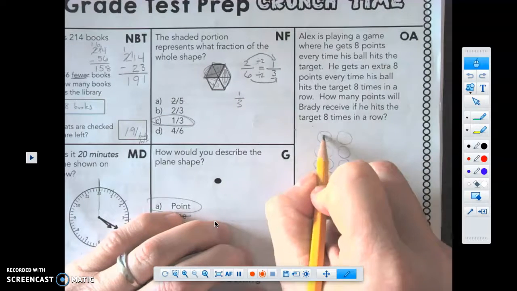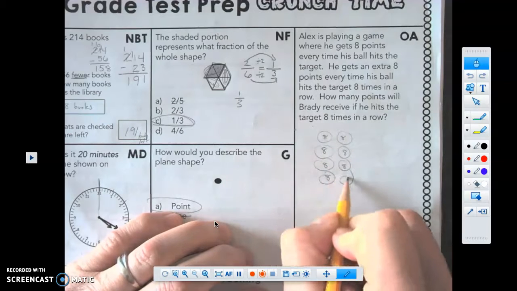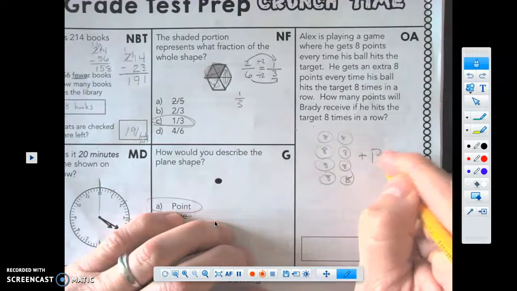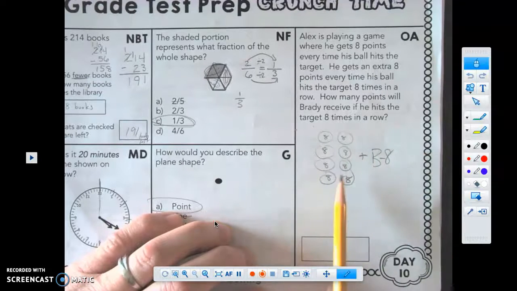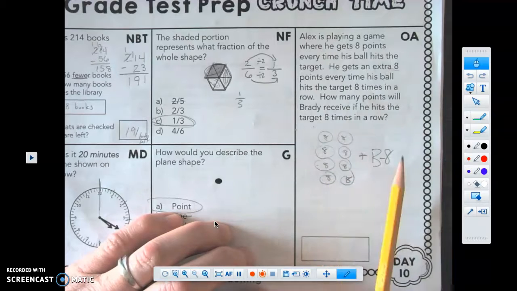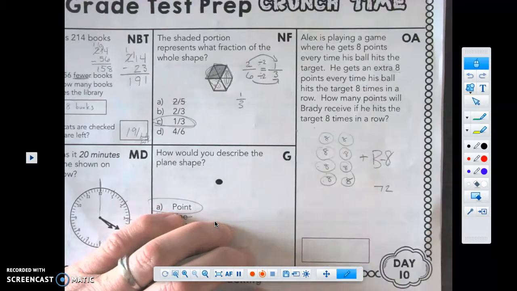And he gets 8 points each time he hits it. Plus his bonus of 8 for hitting it 8 times in a row. So there's 1, 2, 3, 4, 5, 6, 7, 8, 9 eights. 9 times 8 is 72.